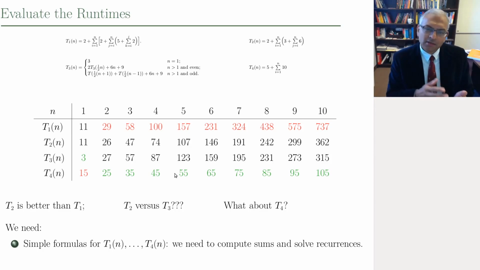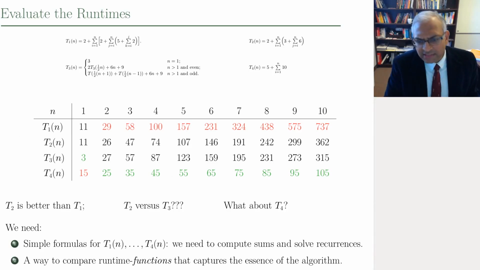So, two things come out of this. The first, we need a way to get simplified expressions for the running times that involve sums and recurrences. We need simplified expressions for T1, T2, T3, and T4. I mean, what we see here is just a big mess. And the second thing that should hopefully come out is that we need a way to compare runtime functions.